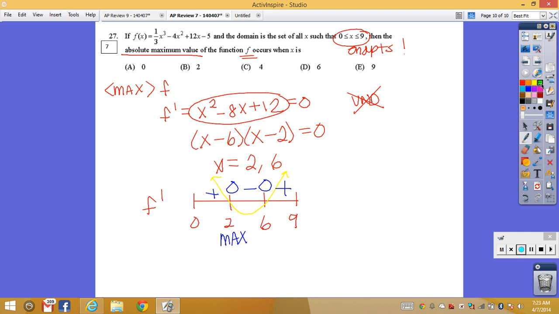And if you're still not good with this, just draw the function. So you go up, you flatten, you go down, you flatten, you go up. So that's a maximum, and this is a maximum. So a max happens at 2, and a max happens at 9. So we're going to compare the y values of f of 2, f of 9, and whichever one is larger will get us the absolute maximum. Okay, that's it. Alrighty.